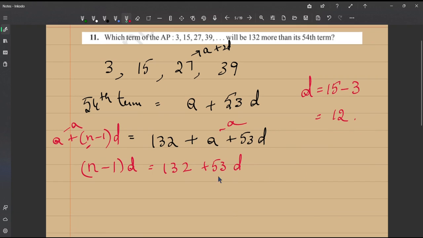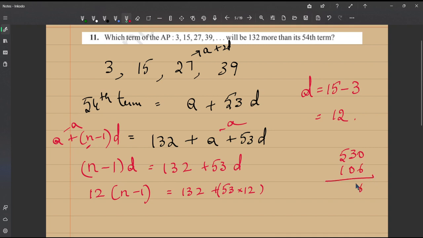So let's continue with our equation now. 12 into n minus 1 is equal to 132 plus 53 multiplied by 12. So what is 53 multiplied by 12? As a shortcut, I can add 53 into 10 plus 53 into 2.